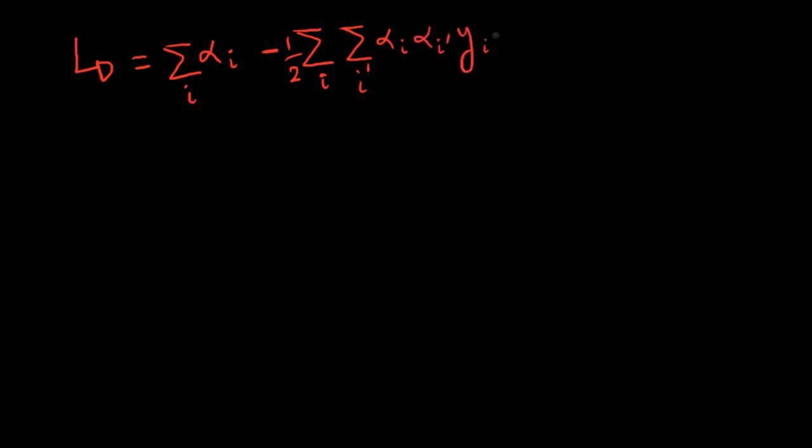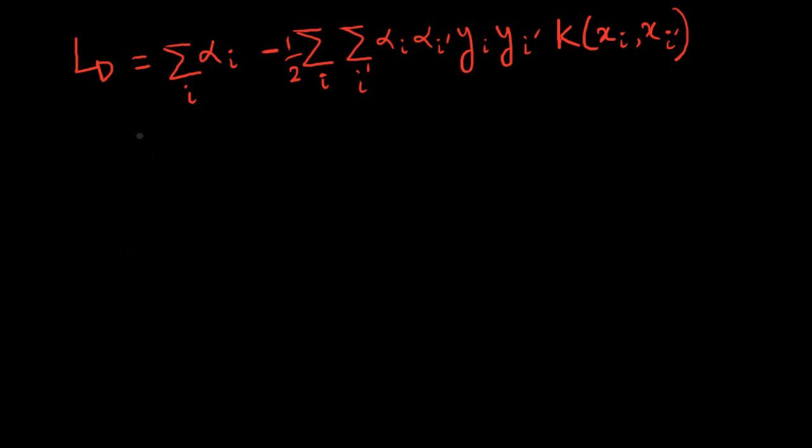So what we write is that our LD, the dual objective function, is equal to summation over i alpha i minus a half summation over i, summation over i prime alpha i alpha i prime yi yi prime times a kernel function of xi and xi prime. And now you have converted this into a nonlinear decision boundary problem.